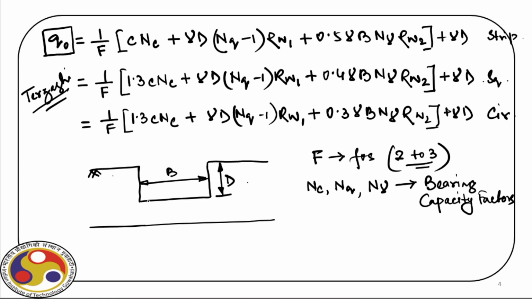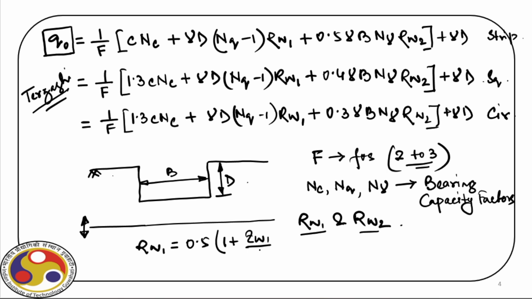Now, Rw1 and Rw2 are called water reduction factors because below the foundation is the water table, which you can see here, and this water table can actually fluctuate, and this water table also dictates the bearing capacity, and for that we have this Rw1 and Rw2. So Rw1 is equal to 0.5 into (1 + Zw1/D).